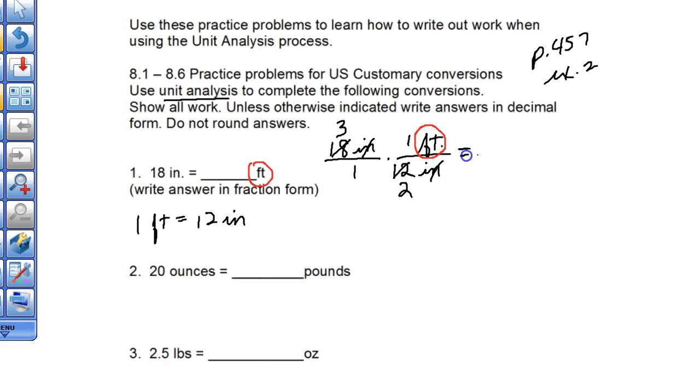And then I'll multiply 3 times 1 foot, 2 times 1. Notice that the inches have both been canceled, so that unit is no longer being used. So we have 3 over 2 feet. 3 over 2, we could leave it as 3 over 2 or 1 1/2. Since it says write answer in fraction form, that's what we'll do.